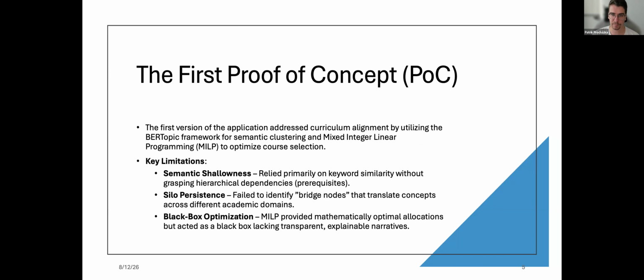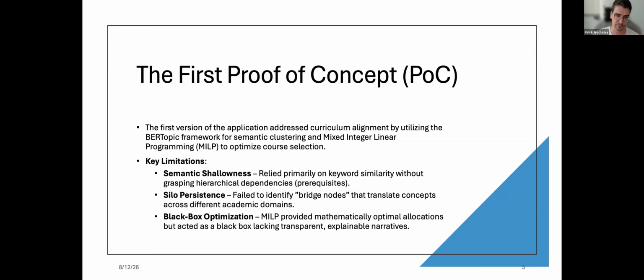So we had a proof of concept done. It was done by one of the master students in our laboratory. And it was a good idea. Jim was part of it. And we found that there are some limitations, but it's just a proof of concept, right? It proved the concept, it worked well.